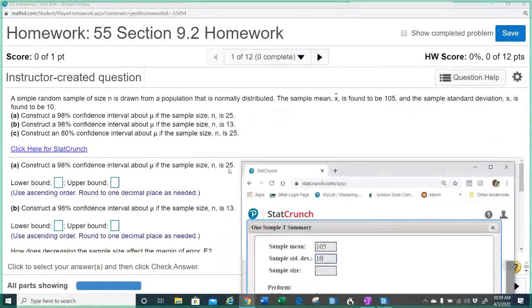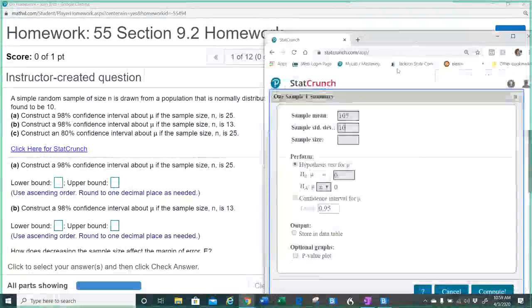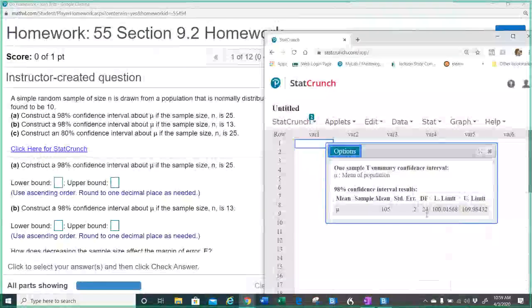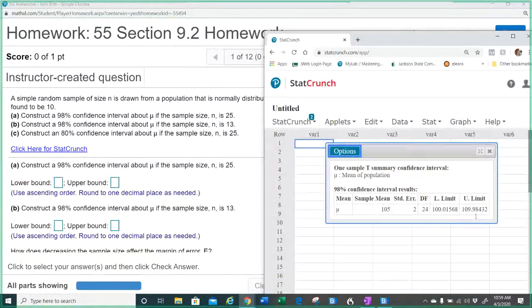Sample size for this first part is 25. And we want a confidence interval at 98%. So we're going to 1 decimal, 100, and 110.